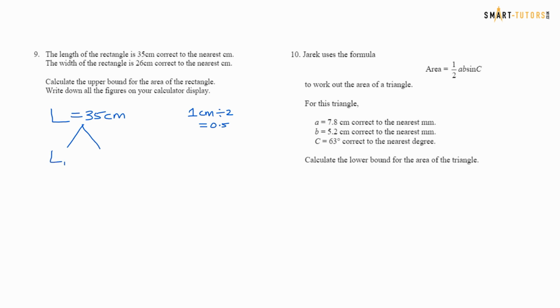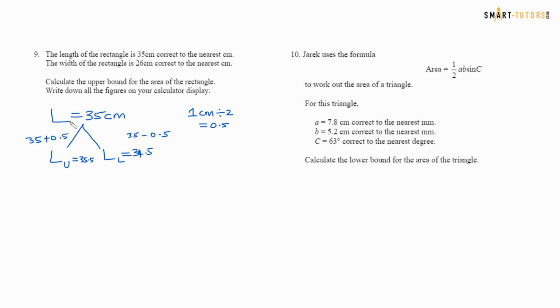So I'm going to write like that. L upper is 35.5. L lower is 34.5. Why 34.5? You need to take away 0.5 from 35, and here 35 add 0.5.